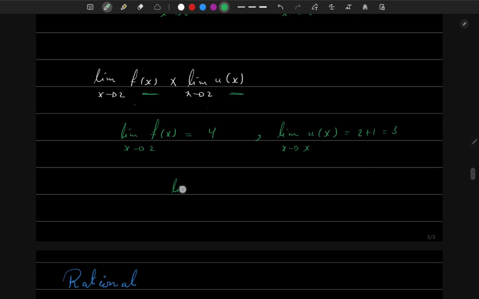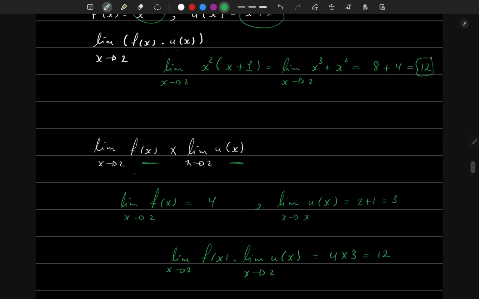Now the product of those limits equals 4 multiplied by 3, which equals 12. And this is the same here.